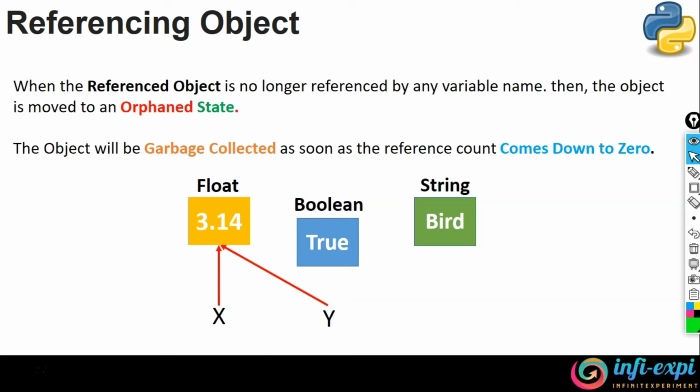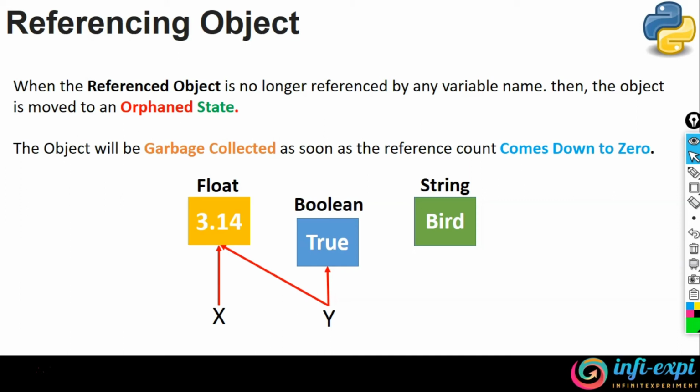So when it is carrying two references, the object is still not eligible for moving into the orphan state. The next thing is I am removing the reference of y and mapping it to the Boolean object.